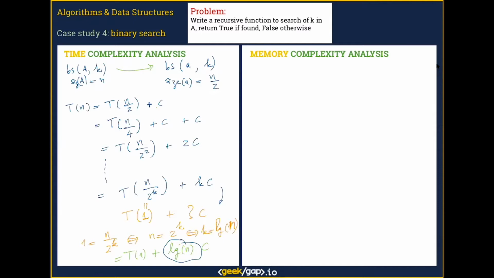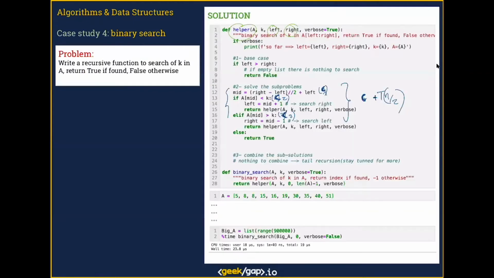And again, like we saw, even this is a tail recursion, because we don't need to keep track of what was happening. We don't need the sub-steps to solve the big problem.